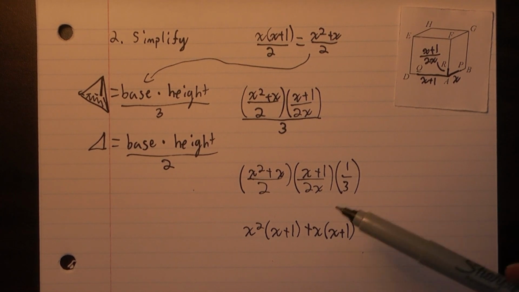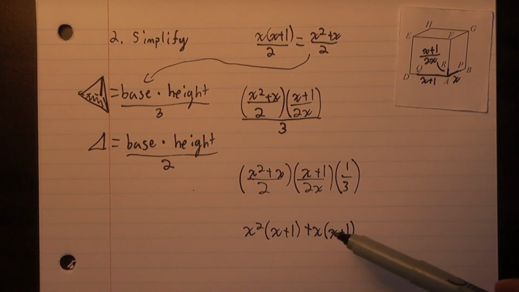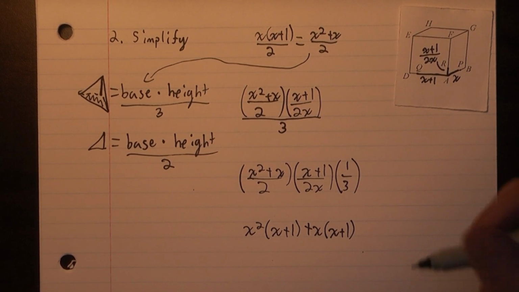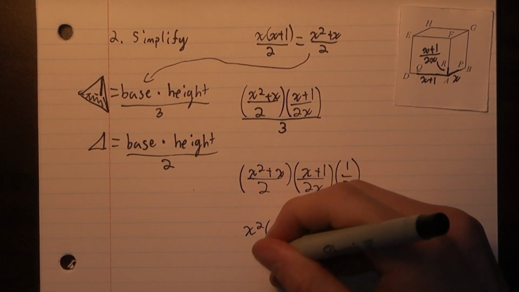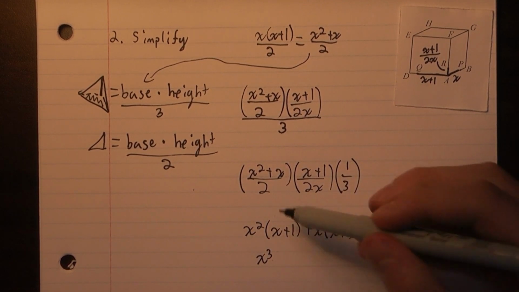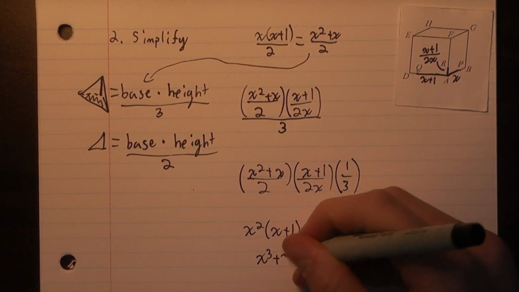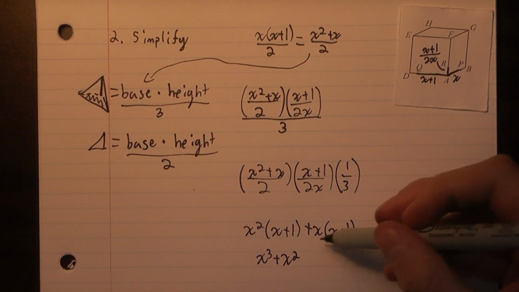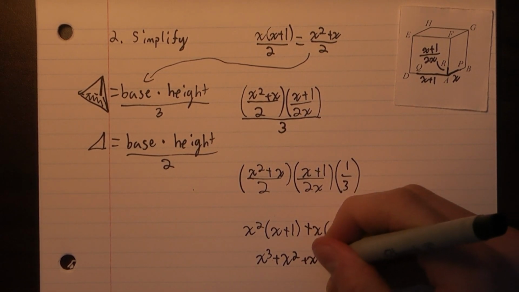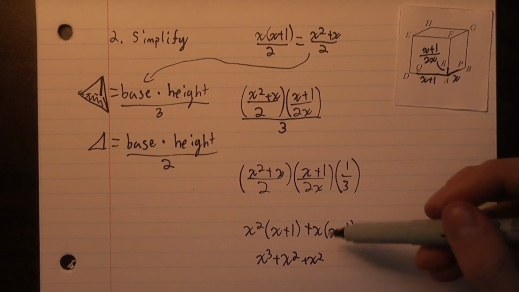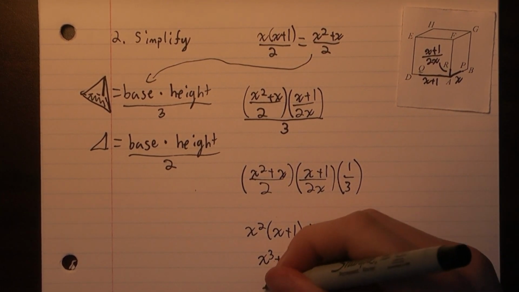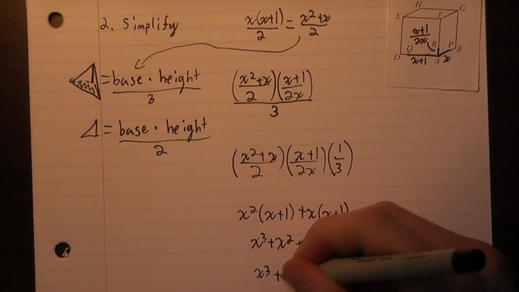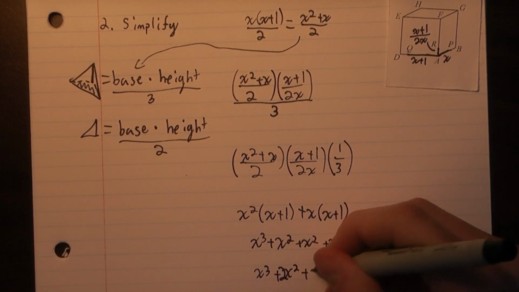This is a great way to multiply expressions with multiple terms together. This will get us x squared times x, which is x cubed, x squared times 1, which is x squared, x times x, which is x squared, and x times 1, which is x. This can be simplified to x cubed plus 2x squared plus x.